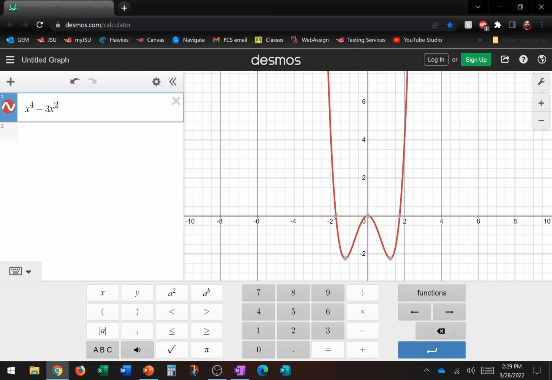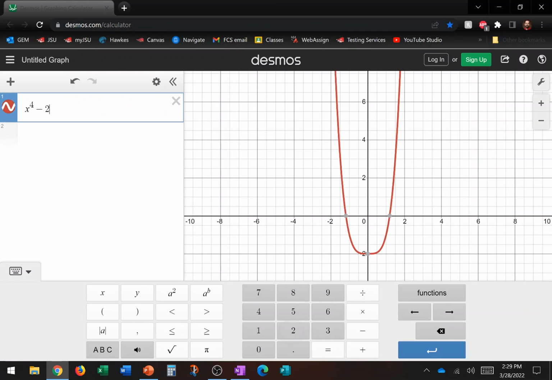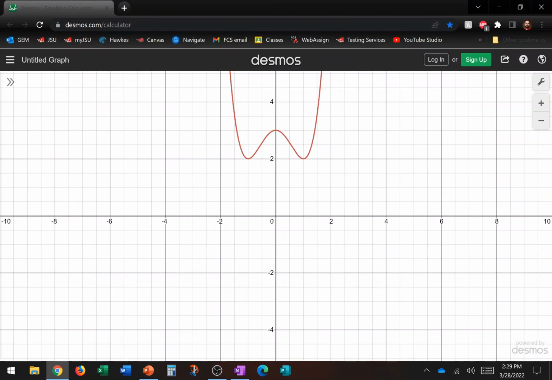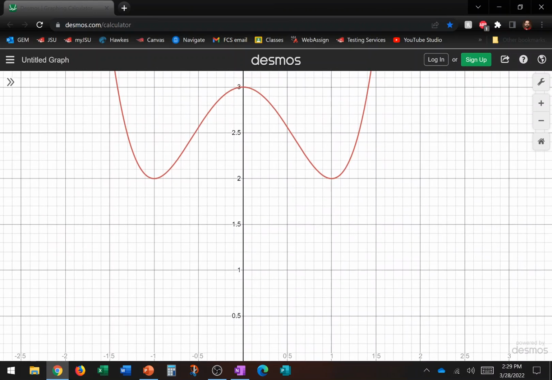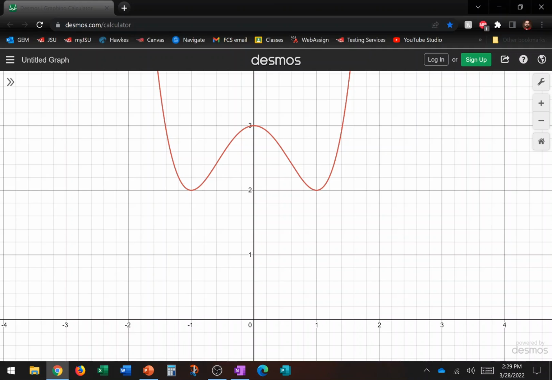Nope, wrong function. X to the fourth minus 2x squared plus 3. Okay. We said we were decreasing from negative infinity to negative 1. That looks good.